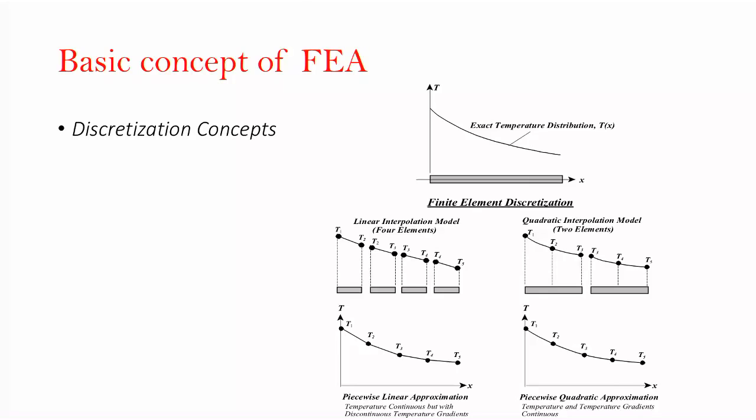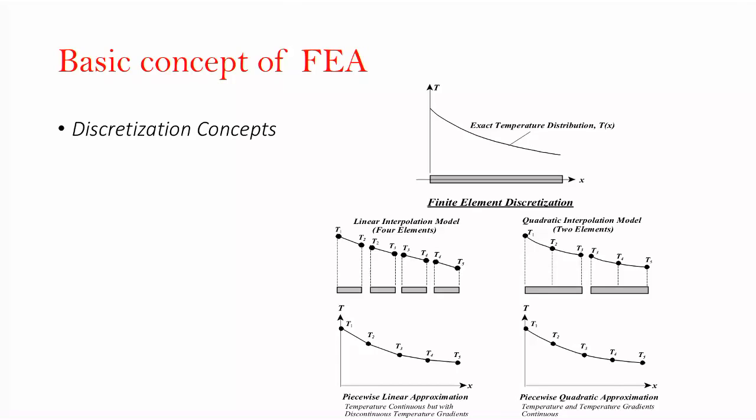If you look at the left-hand side figure, we have 4 line segments, or 4 linear elements, right? In each element we use a small piece of line, and each element has 2 nodes.